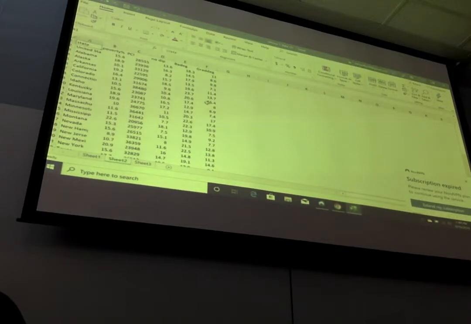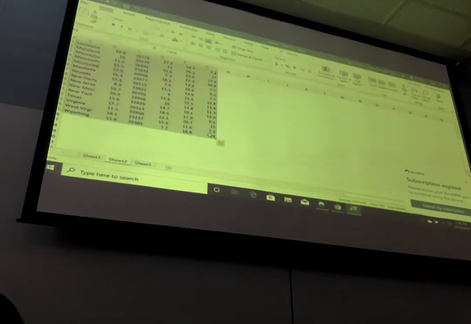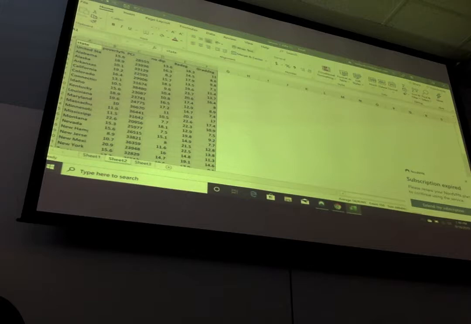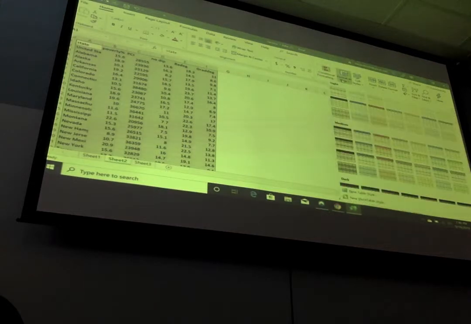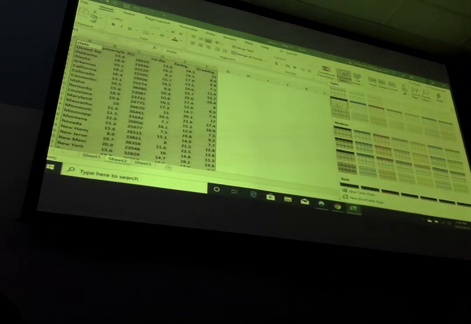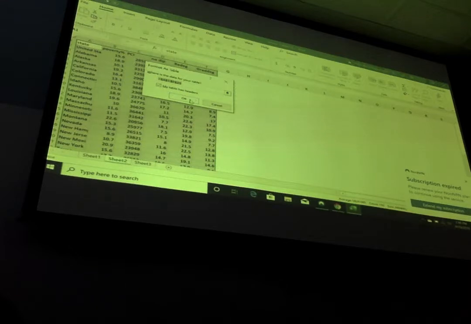So right now, though, I think we needed to make this a formatted table. I highlighted the ones that we need. Conditional formatting. No, format as a table. And in here, go.